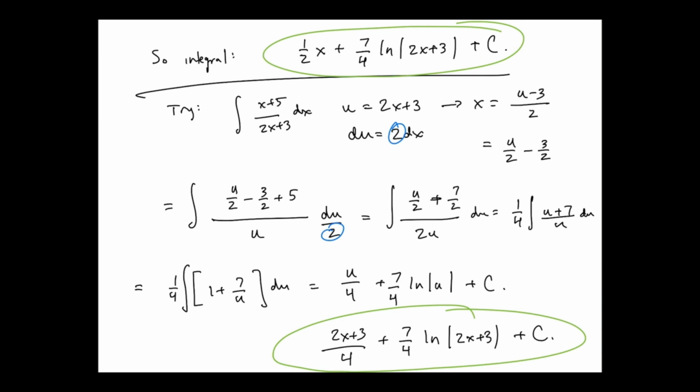Okay, now Ethan, you suggested one other thing, right? Which is multiplied by some sort of disguised form of 1. What could that disguised form of 1 have been?